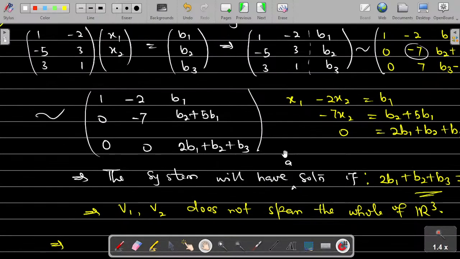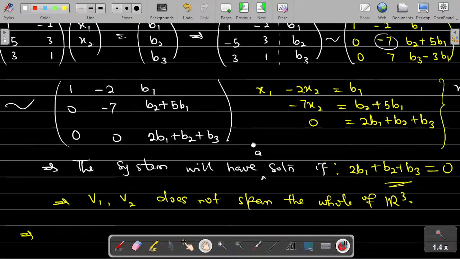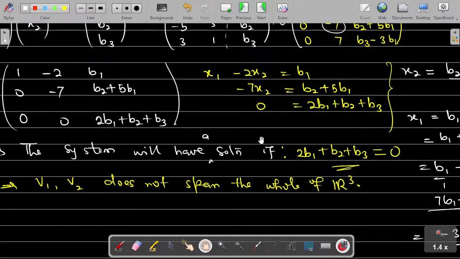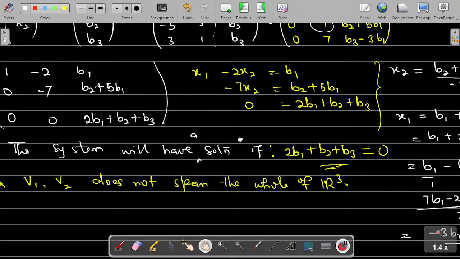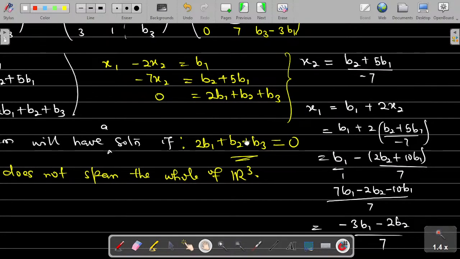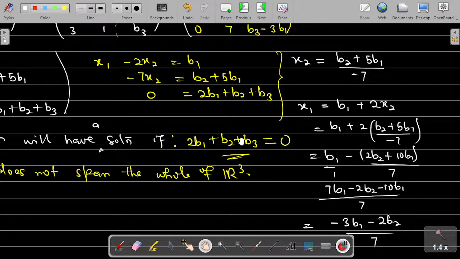Okay, yeah, it is b2. Yeah. Okay, so let's come back here. Yeah, that's correct. Okay, so our b1 is also correct.